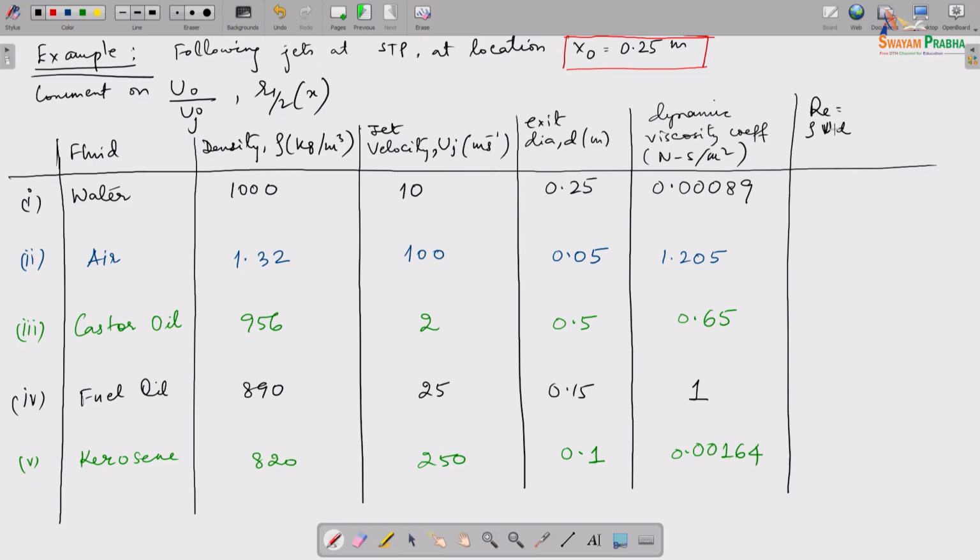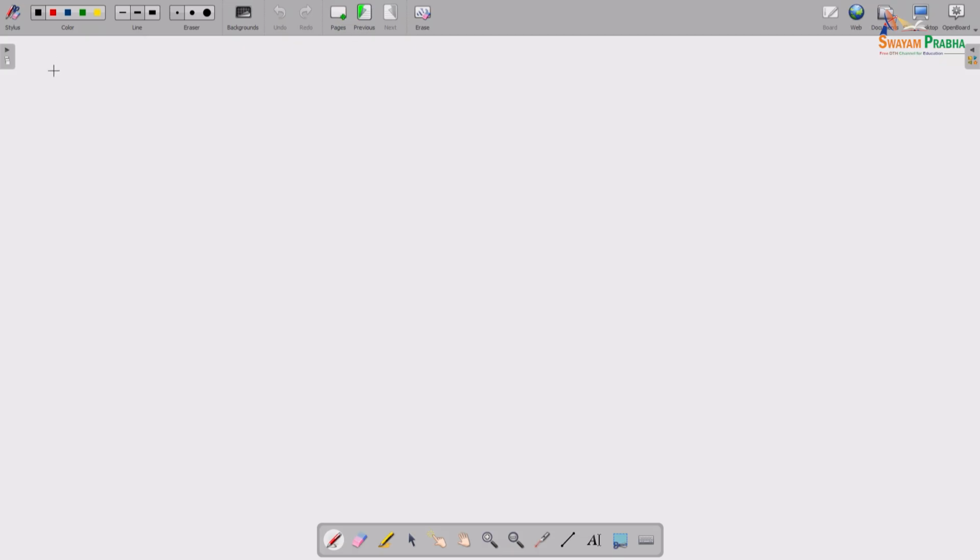The Reynolds number is equal to rho Uj d by mu. So let us calculate that. We have these jets. For the first case, Reynolds number is rho, Uj is 10, diameter is this, by mu.